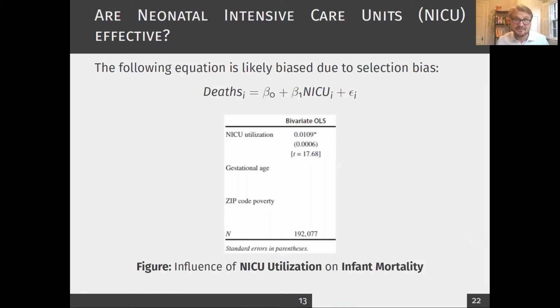Clearly here there's a massive selection bias, captured through omitted variable bias: the most complicated births and most severe health challenges lead to a baby being sent to the NICU, and the same factors are related to mortality. In fact, there is a positive correlation where mortality rates are much higher for babies who utilize the NICU compared to those who do not.